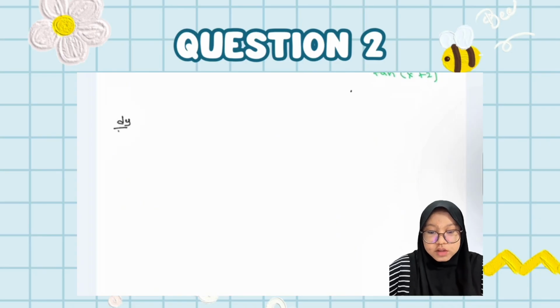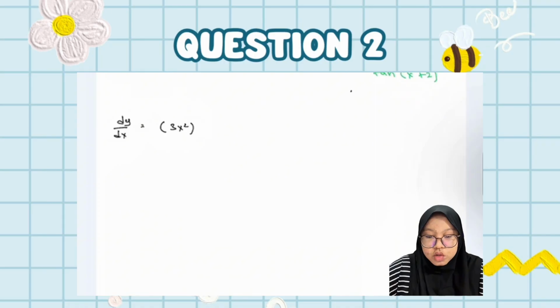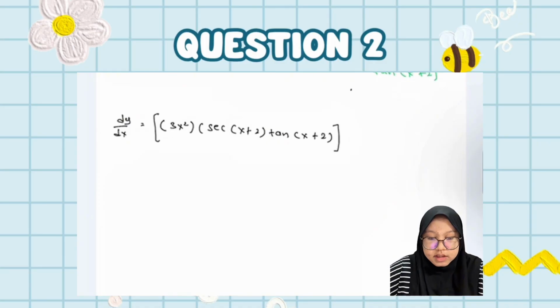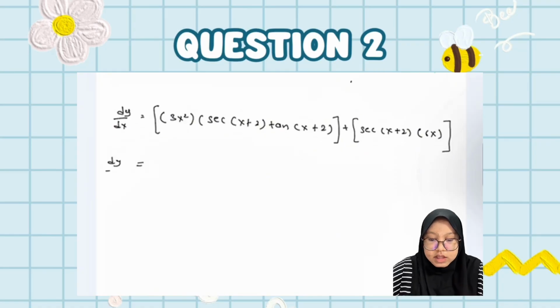Next, plug into the formula. dy over dx equals 3x squared multiplied with 6, and then plus (6x plus 2) multiplied with 6x. And then we can simplify them, and we get the final answer.